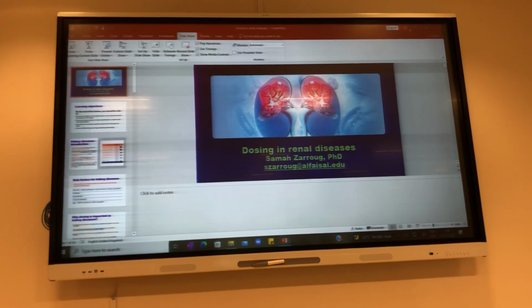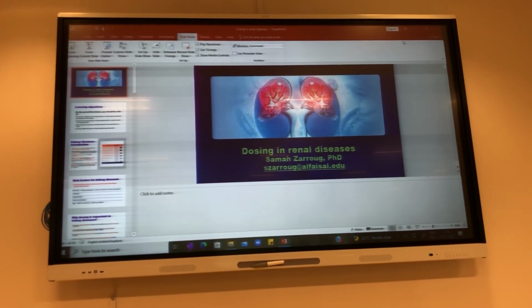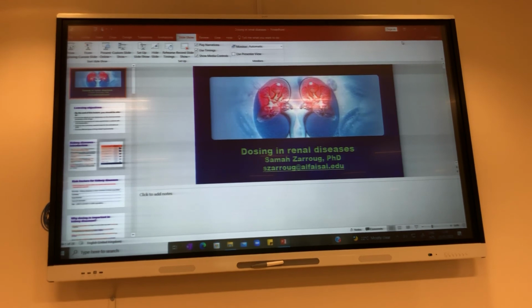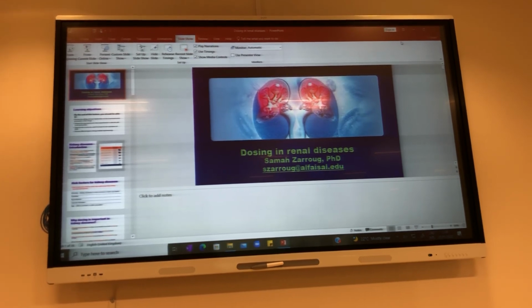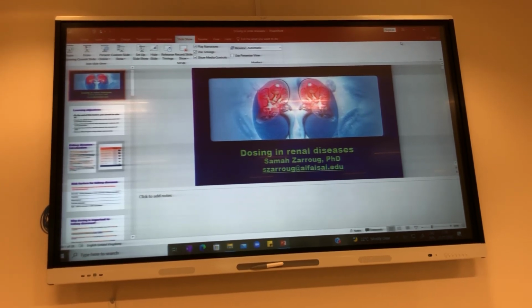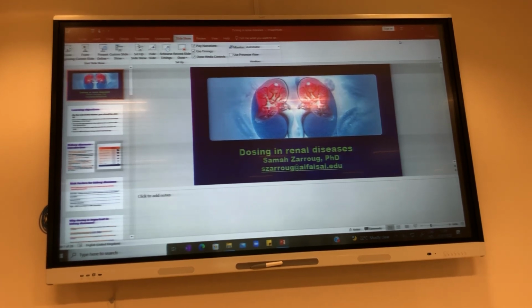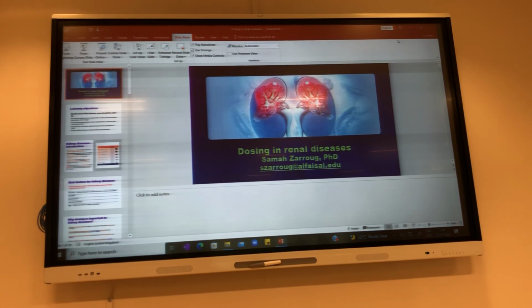Community pharmacists, who work in the pharmacy, have the knowledge as well, but probably they're not aware of what other drugs the patients are taking, so they can't make that clinical judgment. So it's usually the hospital pharmacist, because he's aware of all the drugs that the patients take. They can make that decision.